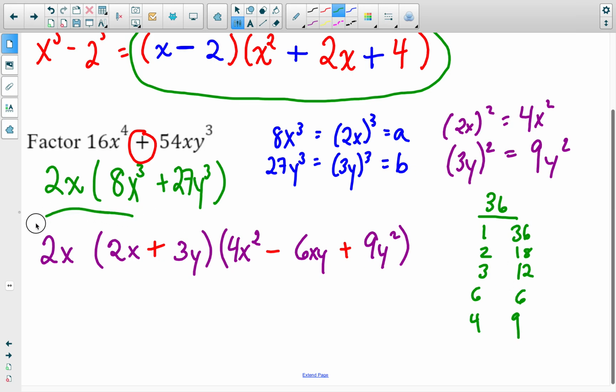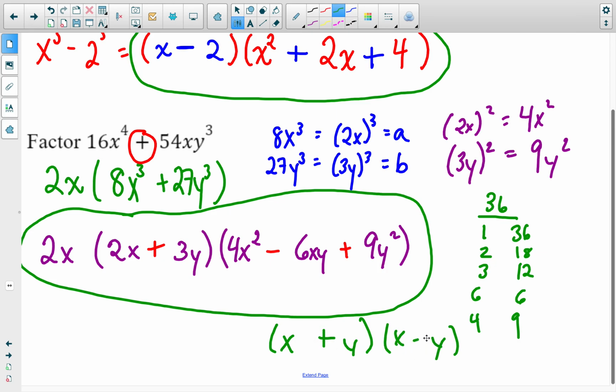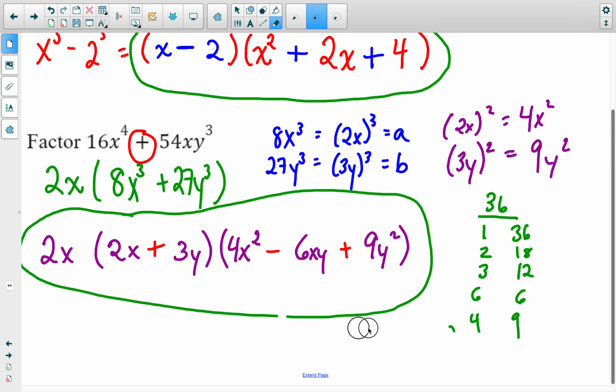So we're going to stop, and we're done. You might be wondering, how would we have factored that 4x squared, xy, y squared situation? Well, we could have had an xy, a plus and a minus, or a minus and a minus, something like that. And that would give us the variables that we desired. But since we couldn't make the coefficients work out, we're done.